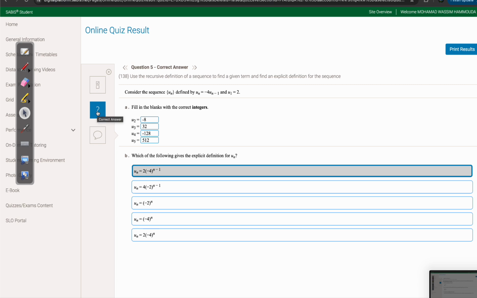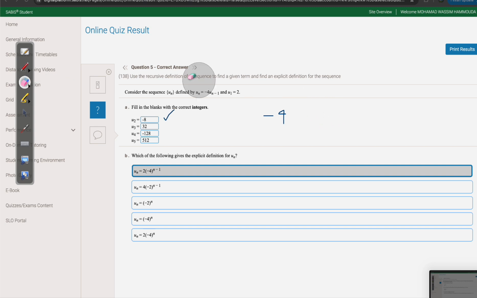Consider the sequence un defined by -4 un minus 1. So what we're just gonna do here is we're gonna substitute. So we want u2, right? We're just gonna substitute the term before by un minus 1. So -4 into 2 gives us -8.